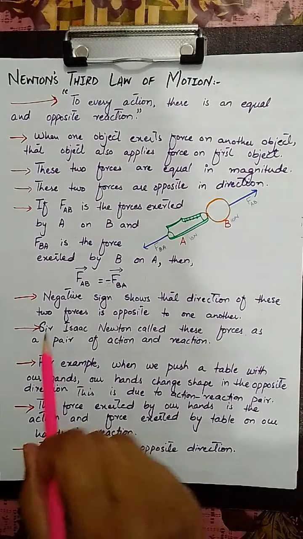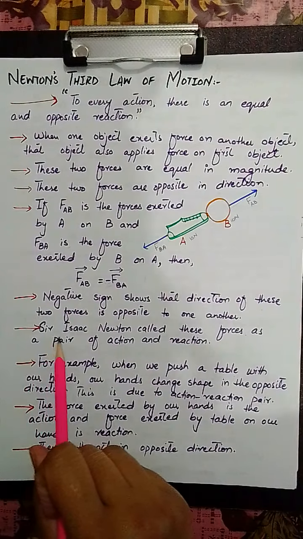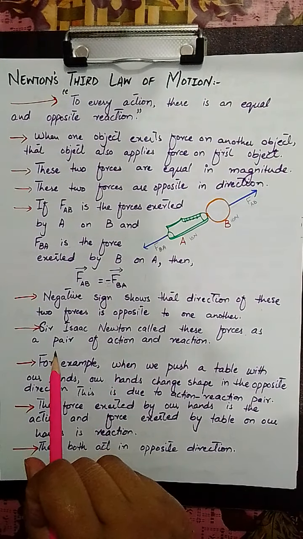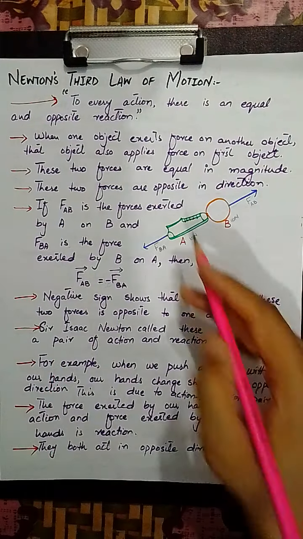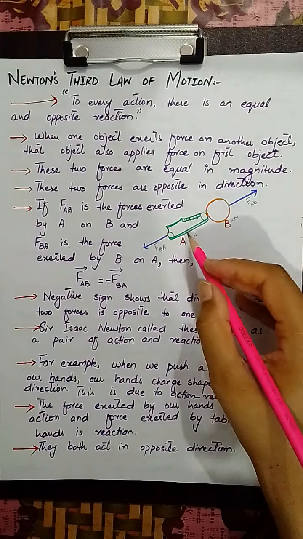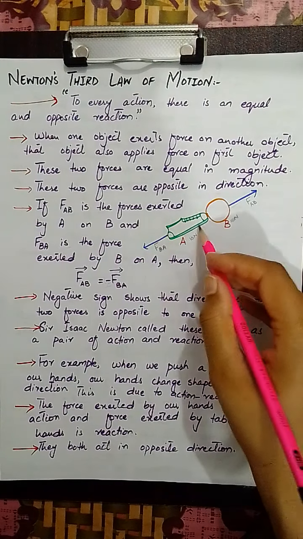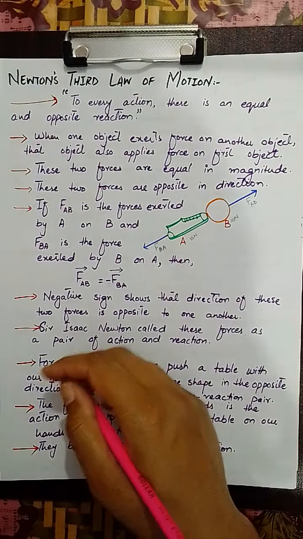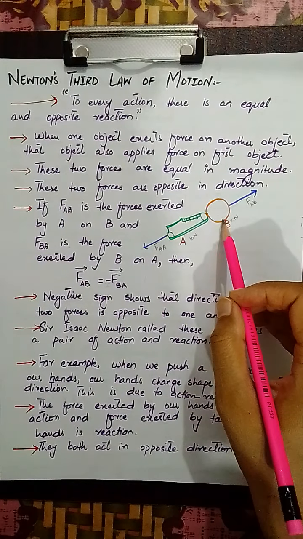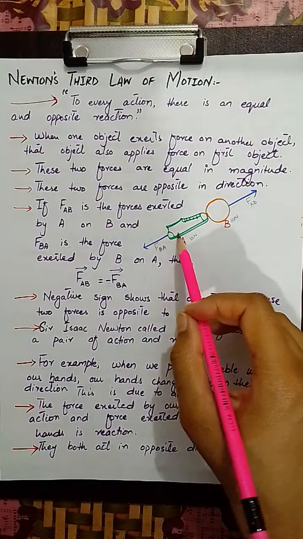Clear? Next point is that Sir Isaac Newton called these forces a pair of action and reaction. Let's suppose, take the example of that football again. If I kick that football with my foot, that is the action that I'm doing. The reaction would be the force applied by the football on my foot.